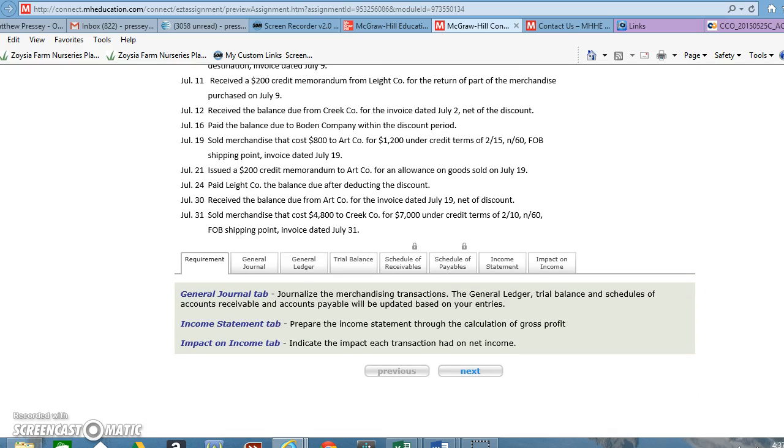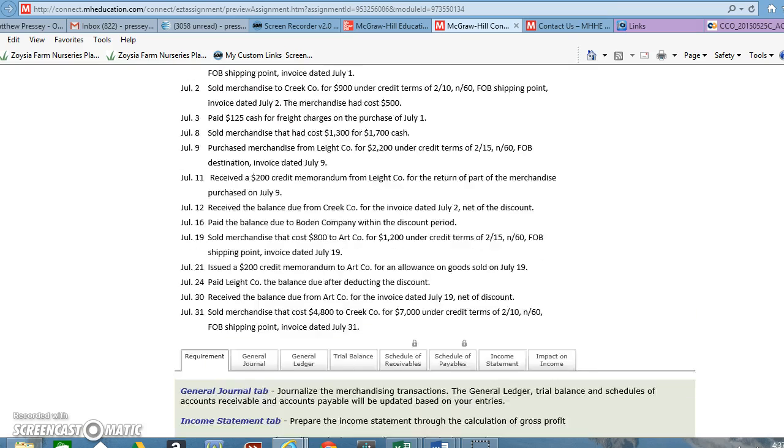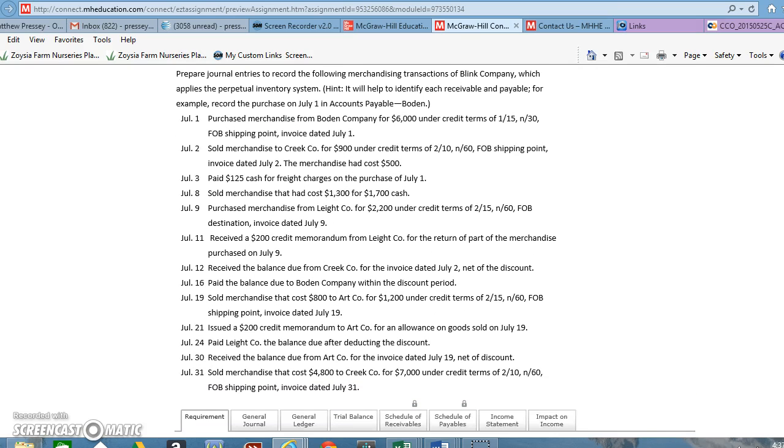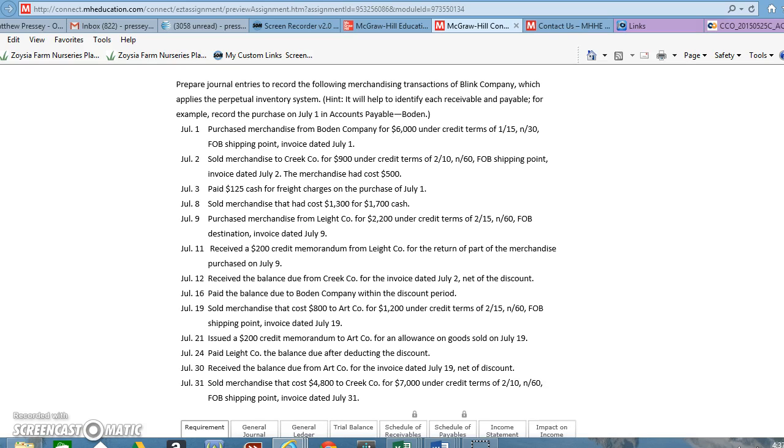If I scroll down here, you'll see you're doing a general journal, a ledger, trial balance, some other schedules, including an income statement for these transactions that transpired during the month from the publisher here, and these transactions mostly are pertinent to this week's readings and lessons. So you'll want to pay particular attention to the readings this week.